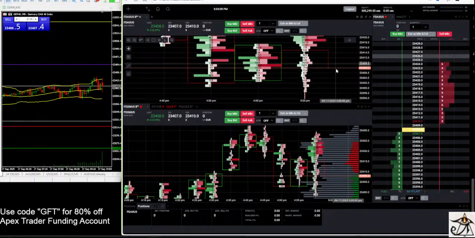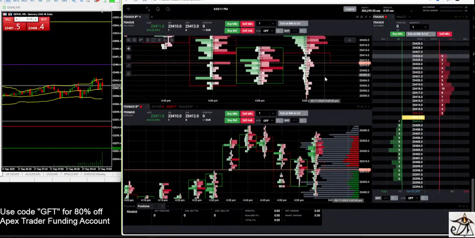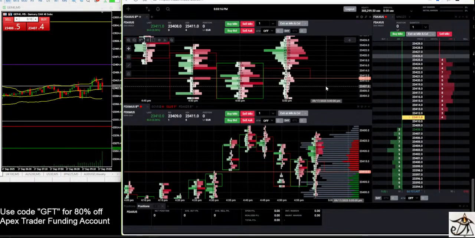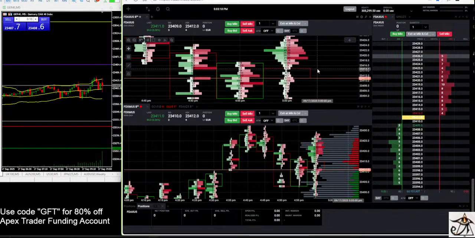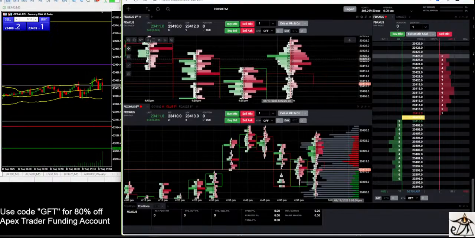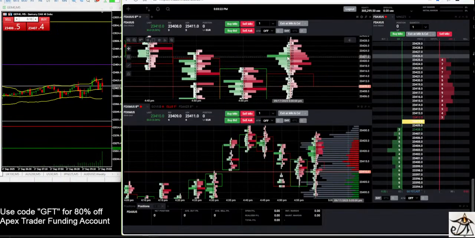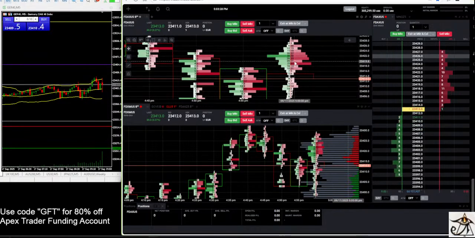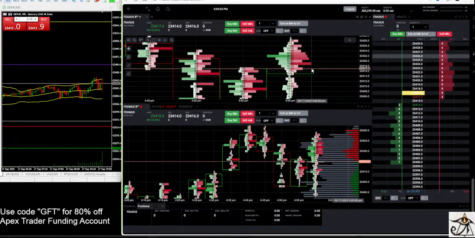I have a feeling we're going to head south because the buyers haven't been able to sort of project the market higher. We've also got a big order here, which looks like potentially aggressive selling. Maybe some limit orders up here, but that looked to me like aggressive buying at the open, which is fairly normal as well.